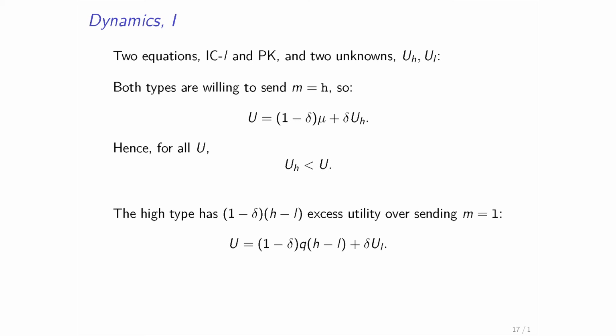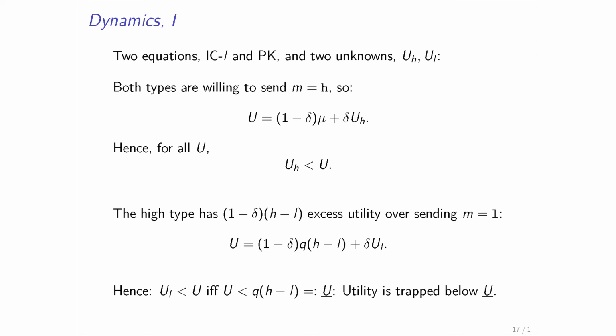Now, we can write the promised utility as the sum of the excess utility and the agent's payoff if both of them say that they are low. Okay, so delta UL is the low type's payoff, and this is the excess utility for the high type. So this allows us to solve for the promised utility from tomorrow on.